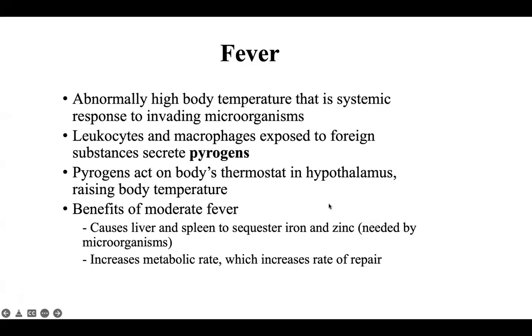Now, what pyrogen does is it acts on the body's thermostat in the hypothalamus. So the hypothalamus is the thermostat of our body. Whenever leukocytes and monocytes interact with microorganisms, they will start creating pyrogen. Whenever we have this pyrogen in our body, then the body temperature will rise.